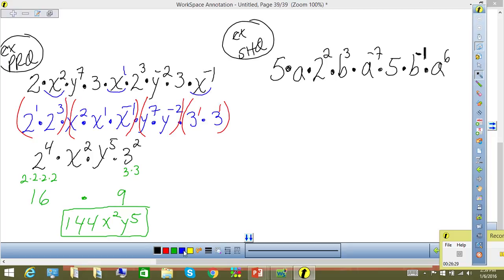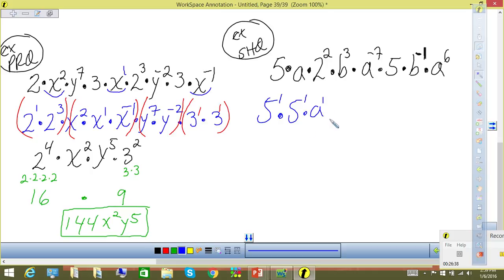I'm going to start with the first step. Here it goes. 5 to the first times 5 to the first times A to the first times A to the negative 7 times A to the 6 times 2 to the second times B to the third times B to the negative 1. So far, so good?